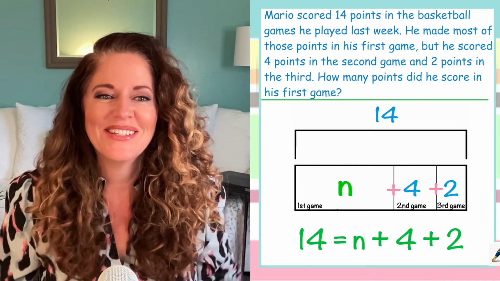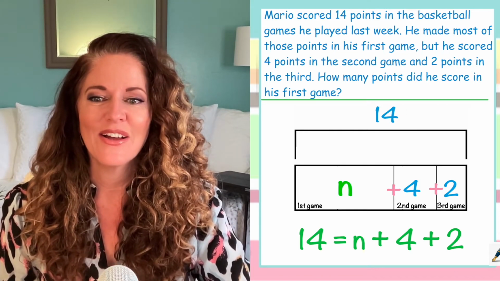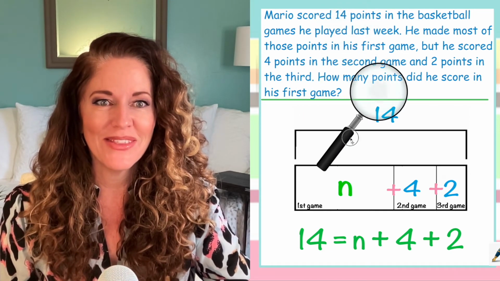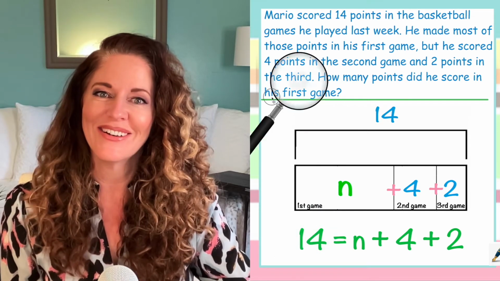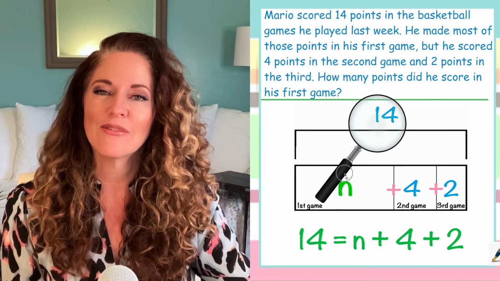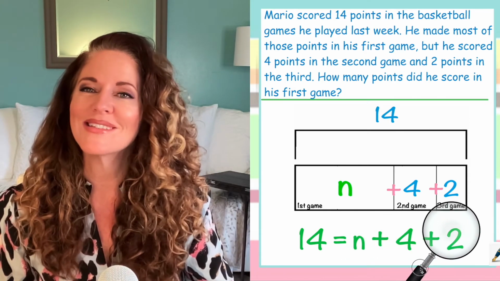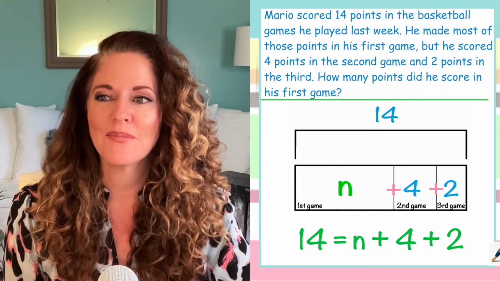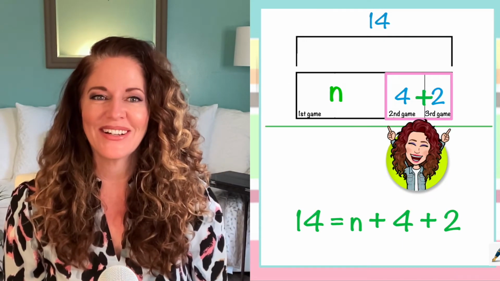Okay, so now that we've got our equation written correctly, let's take a look. So we've got our 14 points that we started with, and here it is in our tape diagram, and then we've got it here. So we see it's first, right there on top and first, and then we put all of those parts together in the exact same order that they are in the problem. How do we solve this though? Let's take a look.